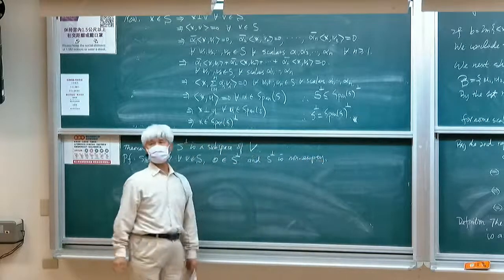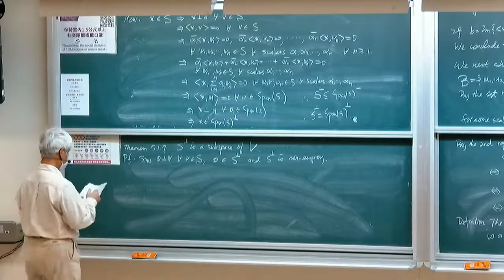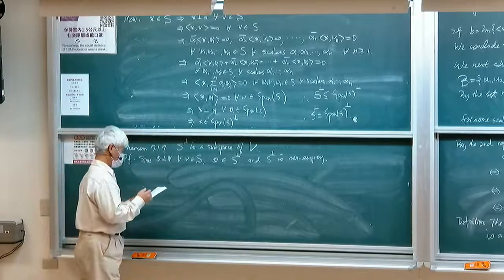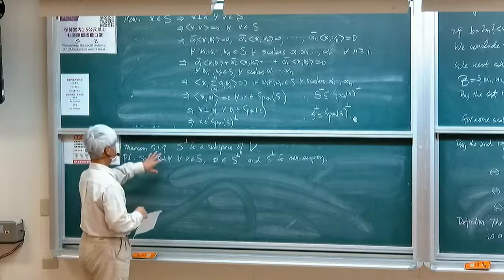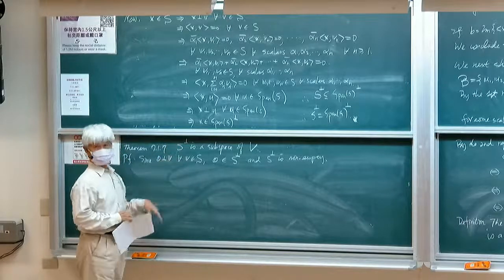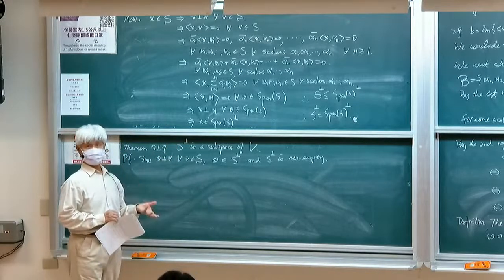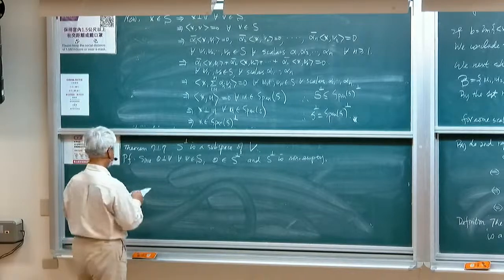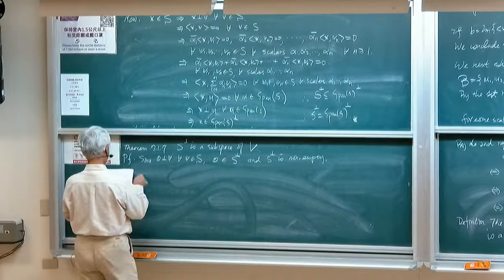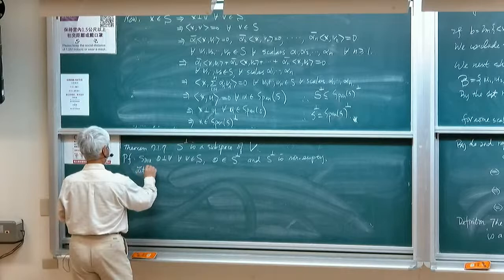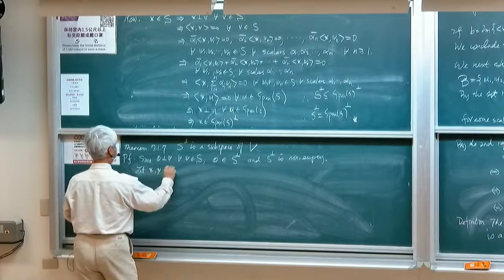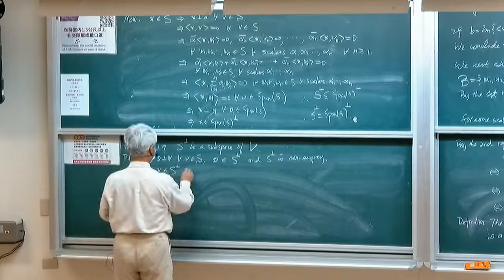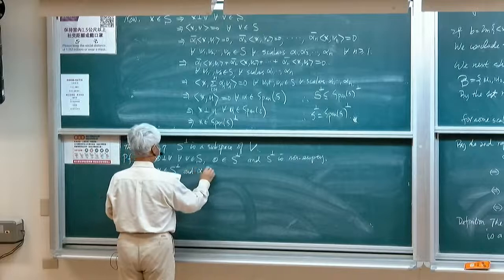Okay, so now the second thing is that we have to show that this set is closed under vector addition and scalar multiplication. Okay, all right, and so we let x, y in the orthogonal complement, and alpha a scalar.